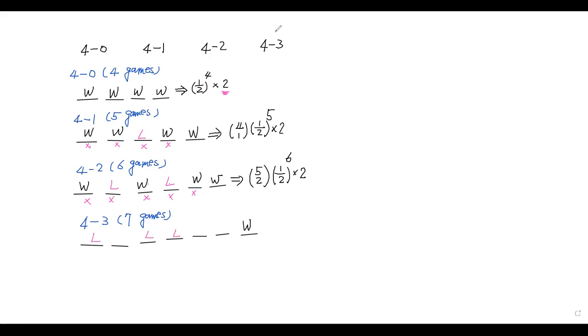So you need to have 3 positions for losing the games. So you say win here. So how many positions? 1, 2, 3, 4, 5, 6. Out of these 6 positions, you need to choose 3 for the losing games here. So this is 6 choose 3.